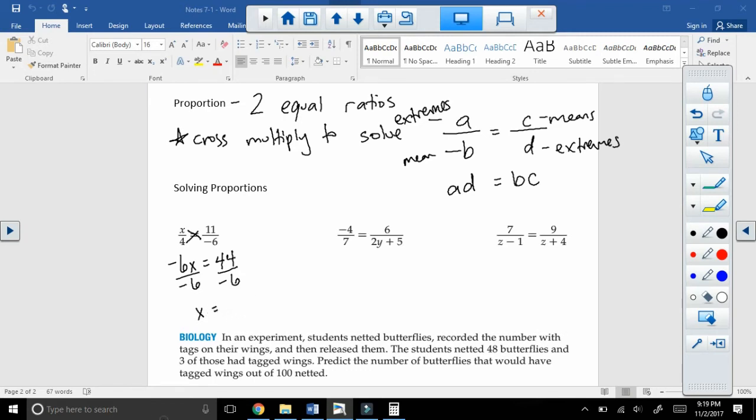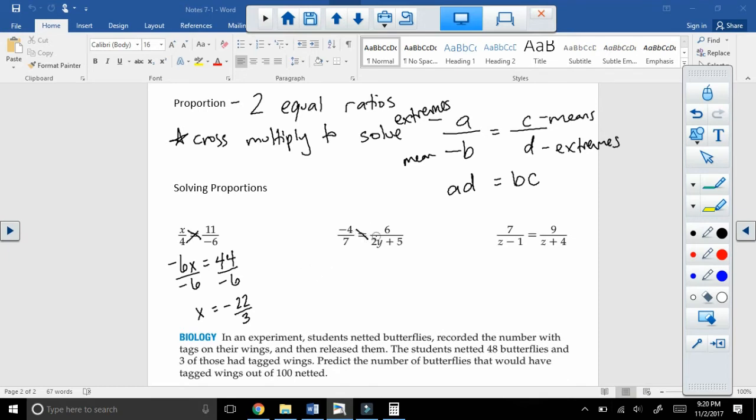I'm just going to leave them as fractions, so I could simplify each of those by dividing by 2. So it'd be negative 22 over 3. If you'd rather make that negative 7 1/3 or negative 7.3 repeating, if that's more comfortable for you, it doesn't really matter to me how you want to write that.